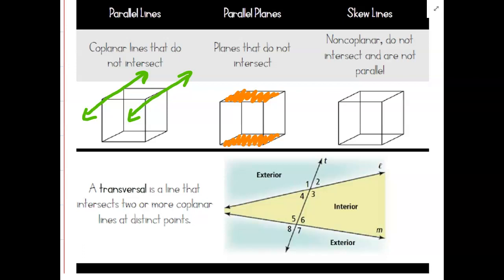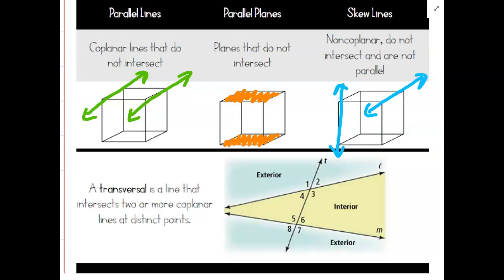So as an example on our cube, if I talked about this edge right here as a skew line, a line that's not on the same plane, I couldn't use this side or this side that's on the same plane. I could use that top edge right there, or that back top edge, or the bottom, or the side right there.